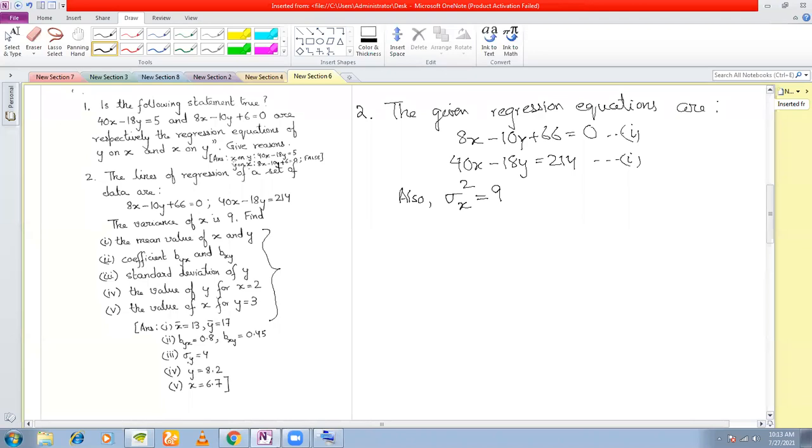But before that, it is always advisable, whenever regression equations are given, first to identify the regression equations, that is, which one is the equation of y on x and which one is x on y. So again the old technique we follow. Let 1 and 2 be the regression equations of y on x and x on y respectively.